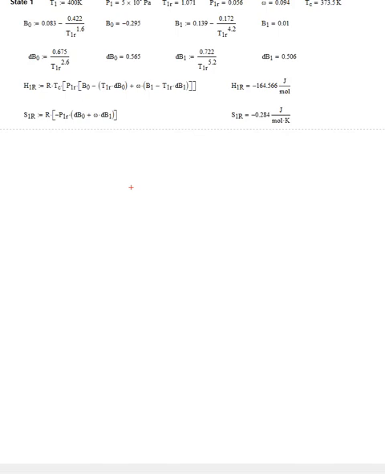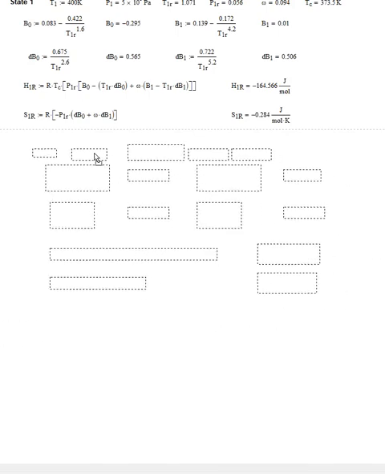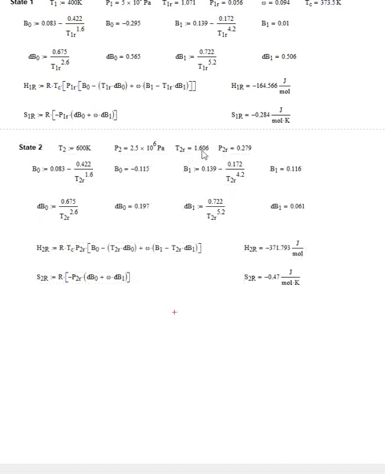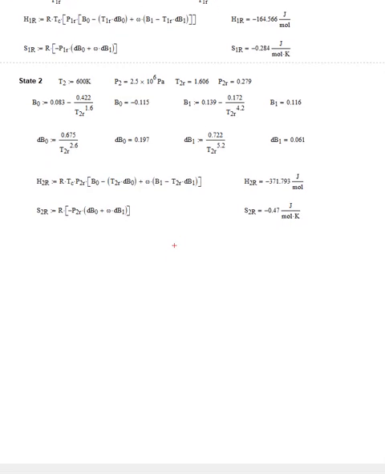We then do the same calculation for state 2. For state 2, we're at T2 and P2. So we have our reduced temperature, pressure. We get new values for B0, dB0, B1, dB1, and then we simply use the same formula just with the different state conditions plugged in, and we get our HR and SR at those conditions.